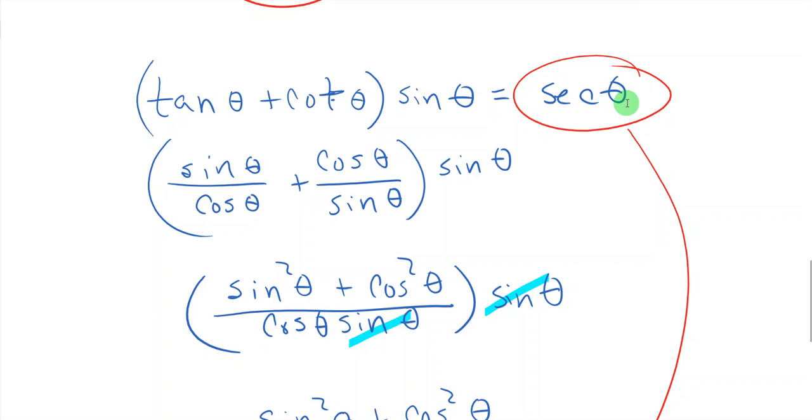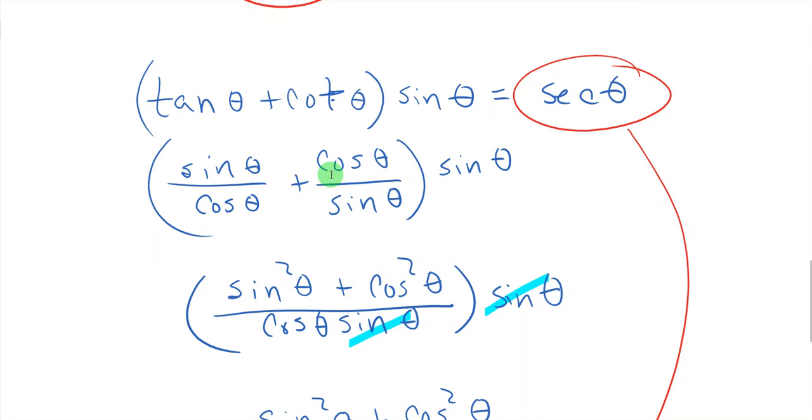and we want to end up as secant. So I think over here we're going to put things in terms of sine and cosine. So tan is sine over cosine, cotan is cosine over sine, and we're multiplying times sine. So I'm going to go ahead and change these two fractions.